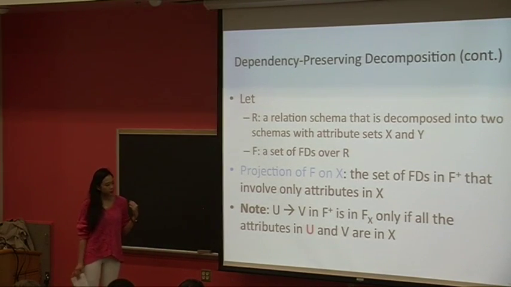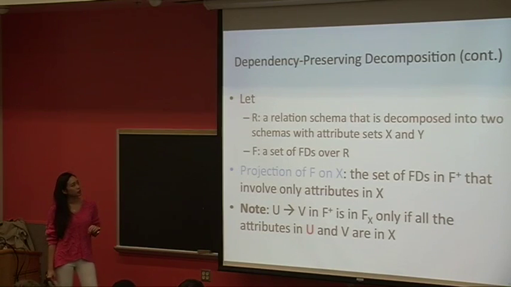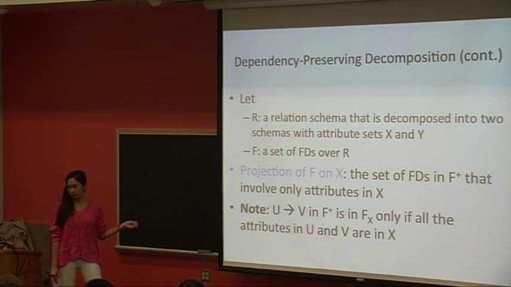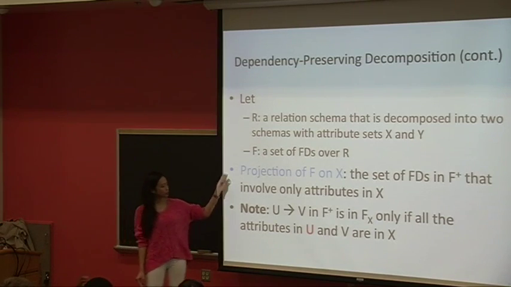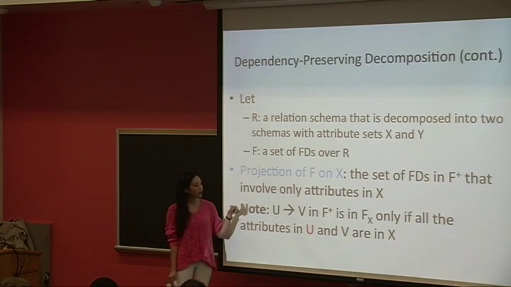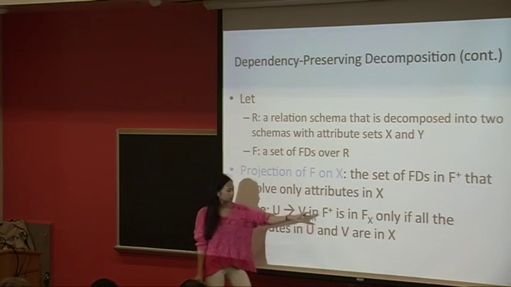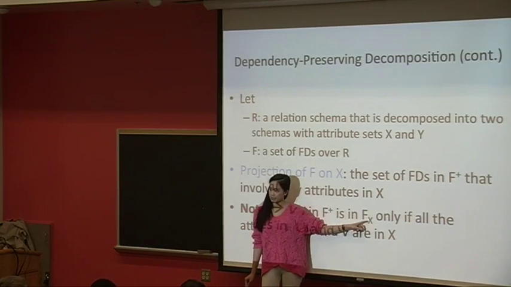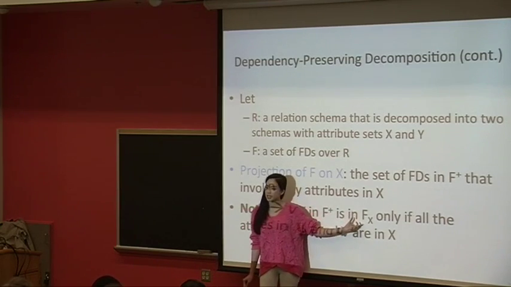In order to check whether a decomposition is dependency preserving, we want to introduce a really quick concept first. It's called the projection of F on X. If you can remember, we denote that as F subscript X. The idea is really like the projection we do in relational algebra.